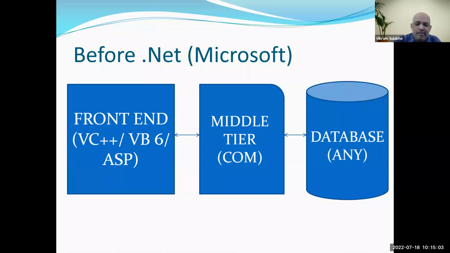When I say desktop-based applications, I mean you'd be installing the software on your machine and running it from there. A web-based application, on the other hand, would be installed on the server and you'd be accessing it from a browser. So these were the popular choices available at that time in Microsoft: VB6, VC++, and ASP.